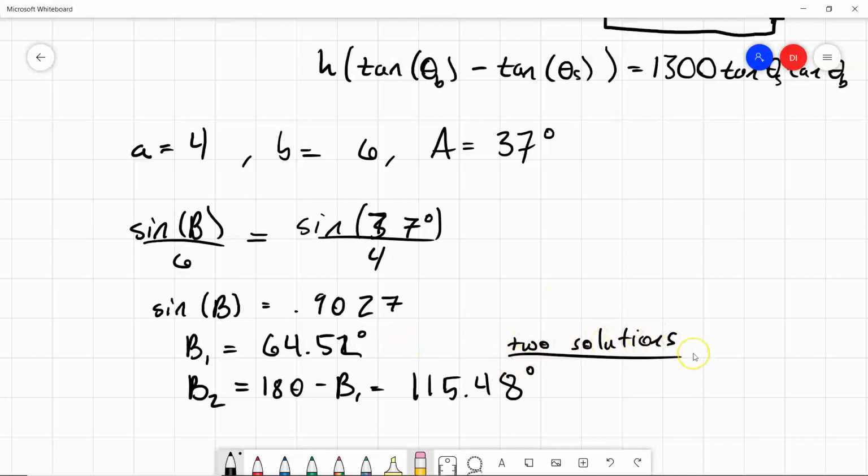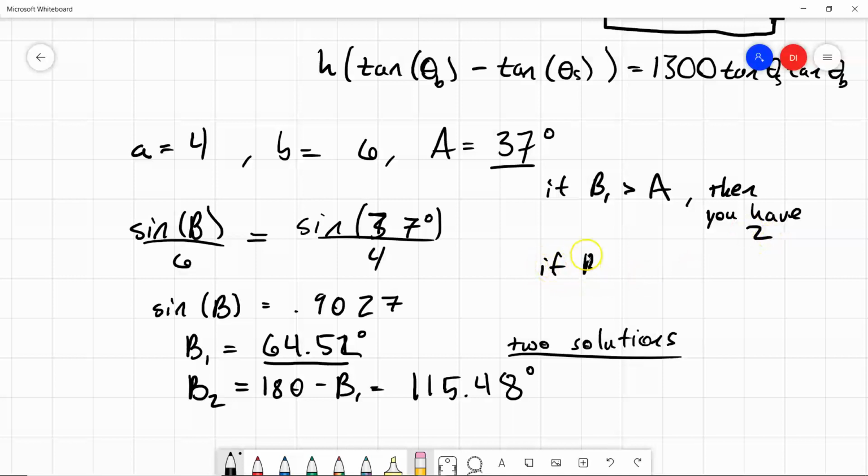Now, the trick to knowing whether you have two solutions or one solution without doing any additional math after B1 is you just compare their size. If B1 is greater than A, then you have two triangles. If it's not, then you only have one triangle. If B1 is less than A, then one.